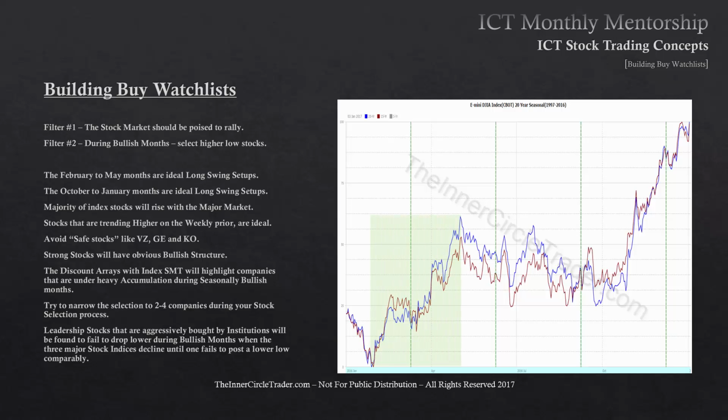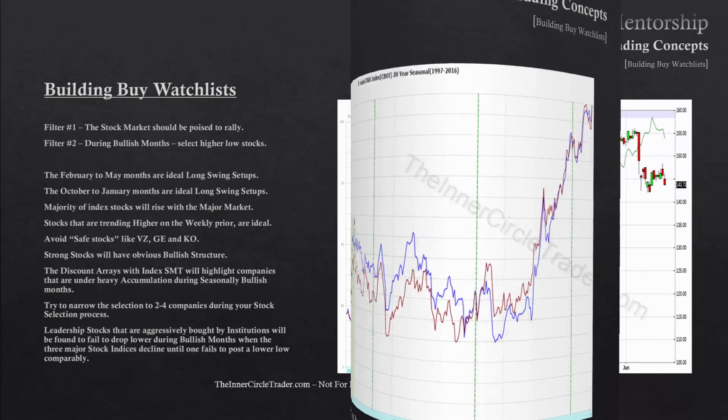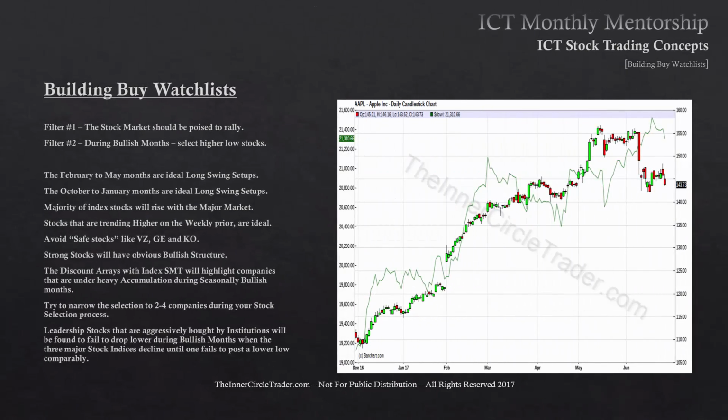So we're focusing primarily on the February to May portion of the year. Okay, and I've already gone through the Dow 30 stocks to save time, because this lesson could easily have been 3 hours long if I allowed it to.